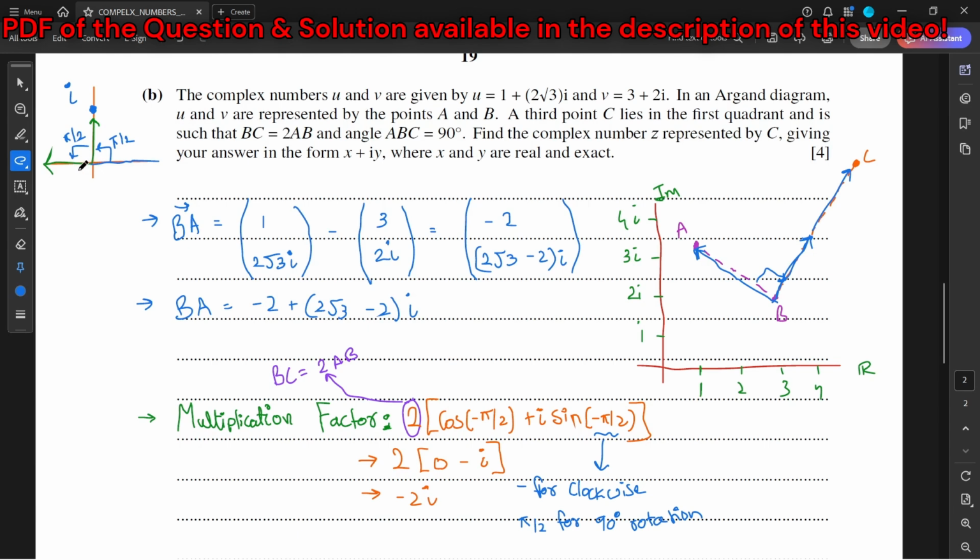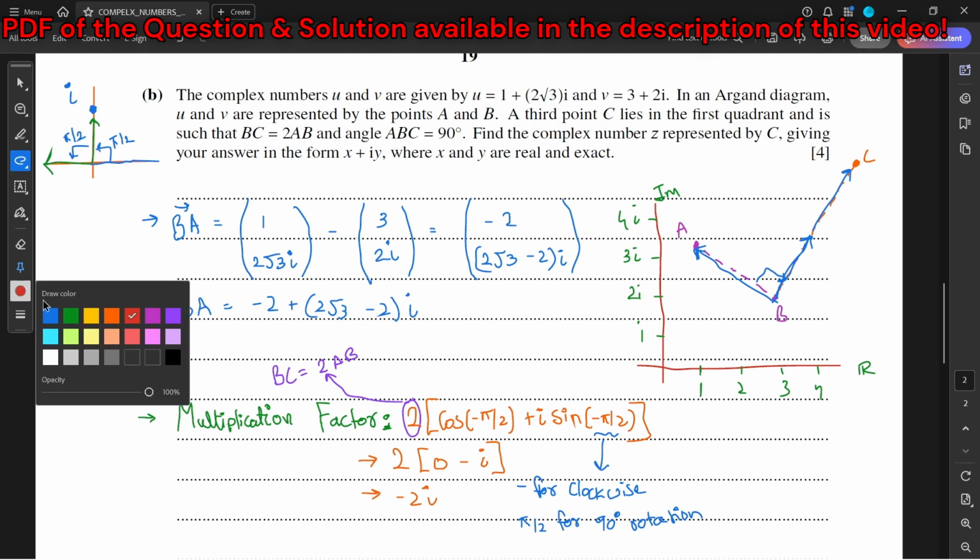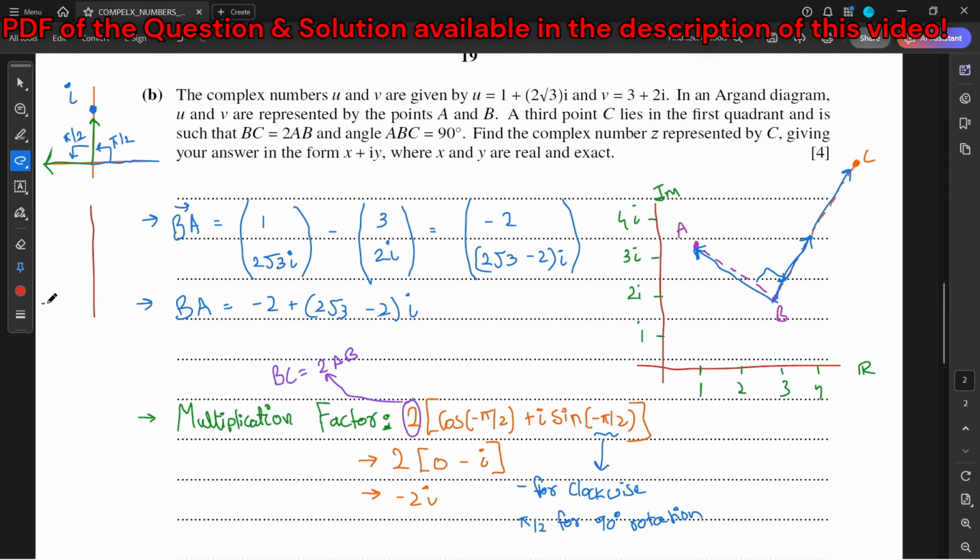Now, just like this, let's say I wanted to rotate my i 45 degrees in the anti-clockwise direction. How is it going to look in that case? I'm again going to draw a rough diagram, and my complex number was i, and let's say I want to now rotate it 45 degrees over here. So I know that this is my pi by 2, and I further need to rotate it in the anti-clockwise direction by pi by 4, because pi by 4 is 45 degrees.